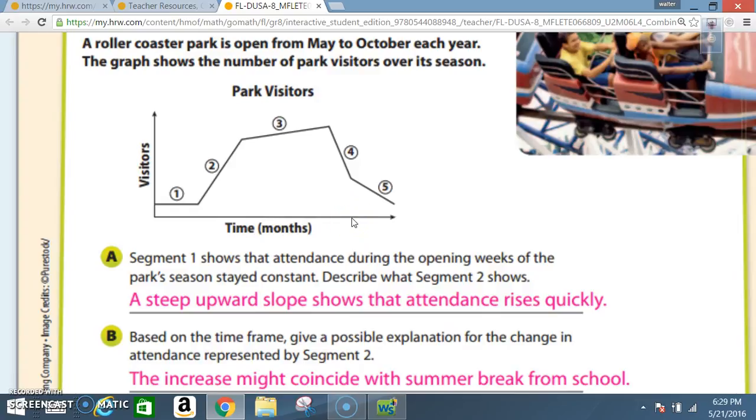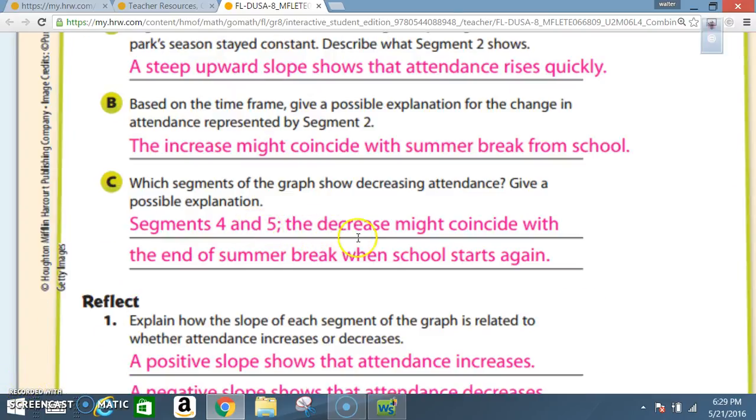Segment 4 is going in a negative direction, which means a decrease. Segment 5 is also going in the negative direction. So once again: constant, increase, increase, decrease, and decrease. Segments 4 and 5 indicate a decrease in the number of park visitors. The reason might be that the decrease coincides with the end of summer break and when school starts again.